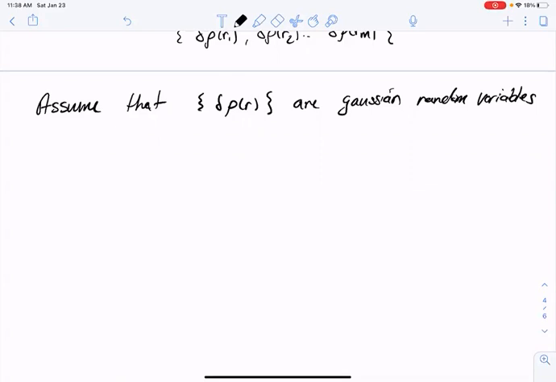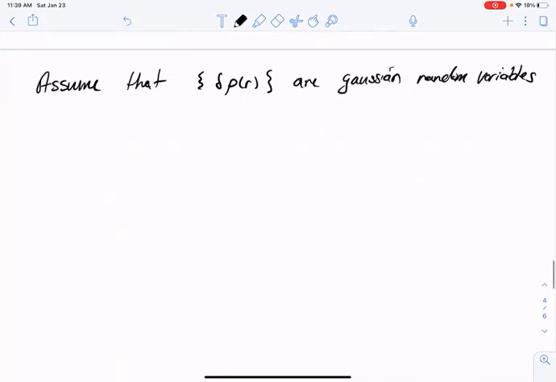If that is true, which we have demonstrated empirically and motivated formally through the central limit theorem, we can write down an effective Hamiltonian, an effective prescription for density fluctuations of the form that is bilinear in the fluctuations of the density.